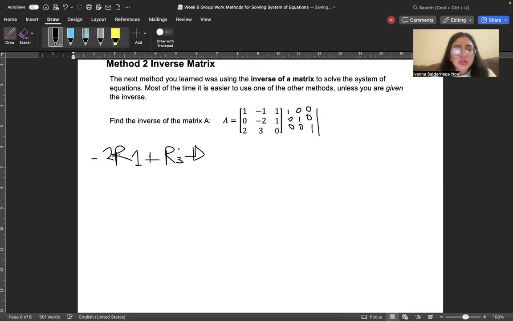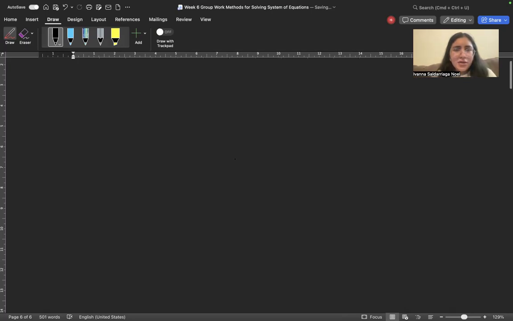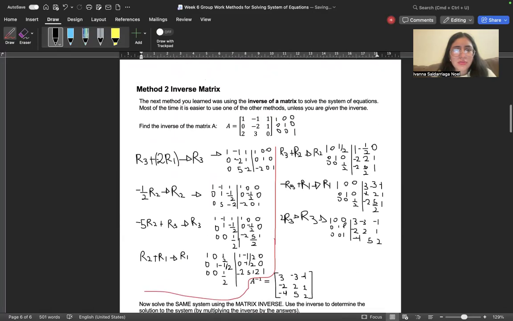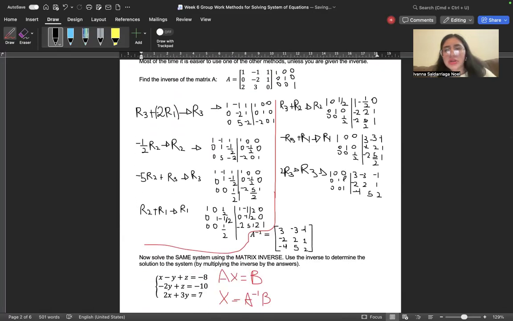Basically, it's all the procedure here. And I'm just gonna take a picture because it's easier to have it here. So I'm just gonna put the numbers.